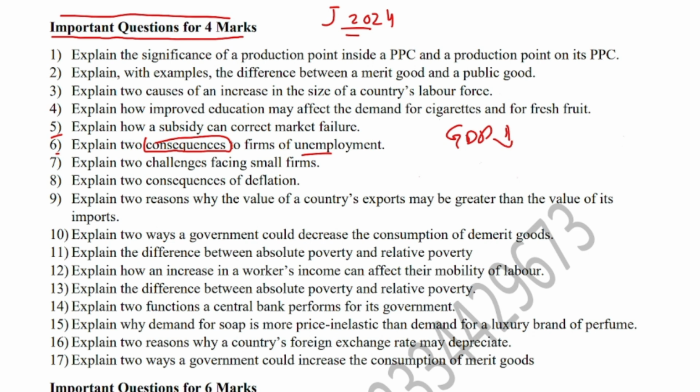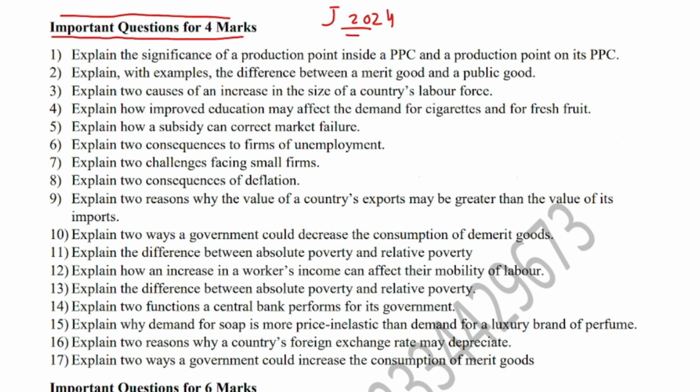And the second impact can be that it may increase crime rate in the country. Crime rate may rise because when people are unemployed, then to earn something they may be involved in criminal activities, so crime may increase.